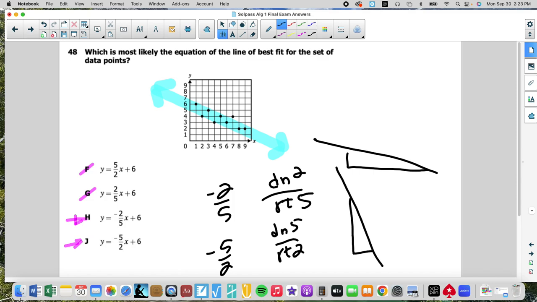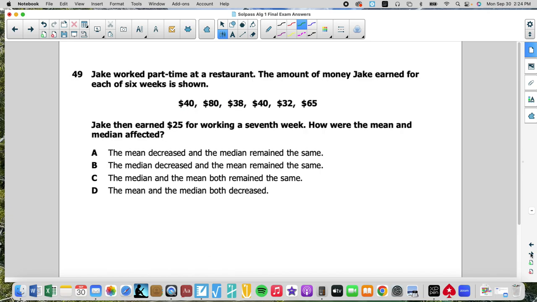Let's take 2 points, down 2, right 5. So from here, 1, 2, 1, 2, 3, 4, 5 would take me there. That looks like down 2, right 5. So I would say our lovely favorite answer, H. So you understand how I utilize the slope for number 48, which is H.